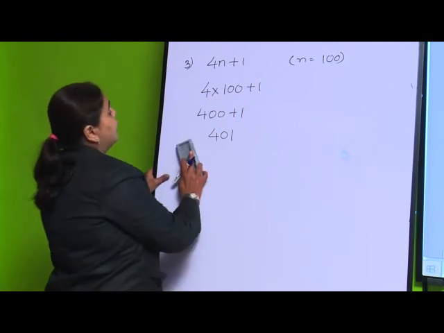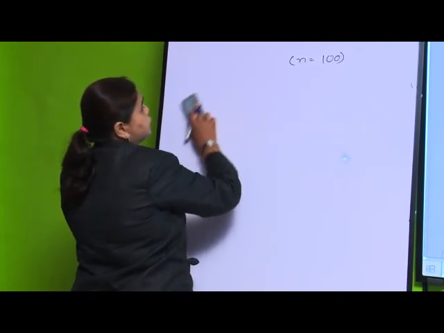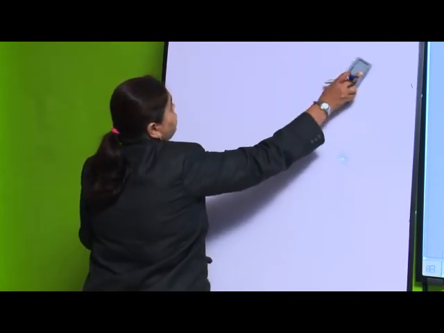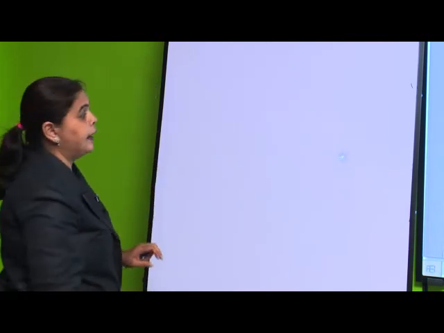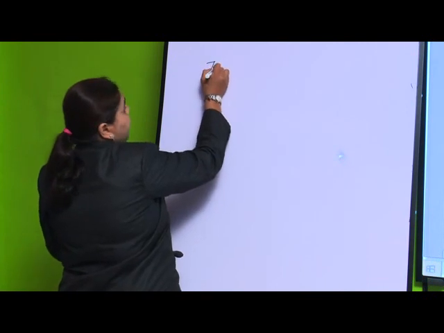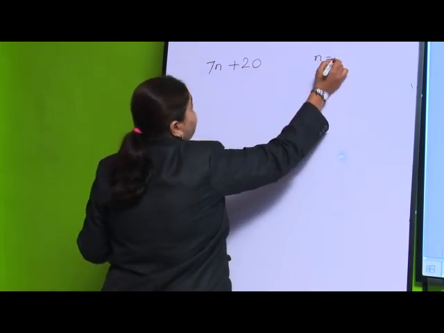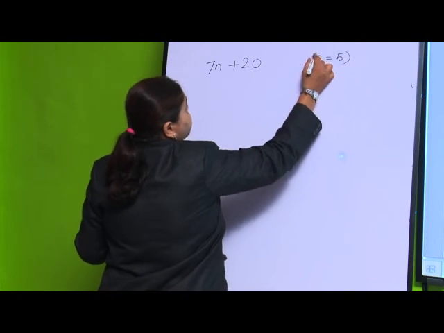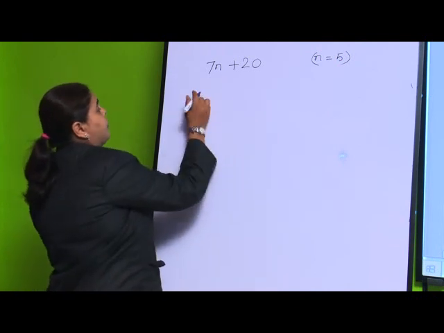Now, we will go for another expression, 7n plus 20. The number of patterns we have to prepare is 5. In the place of n we write 5.